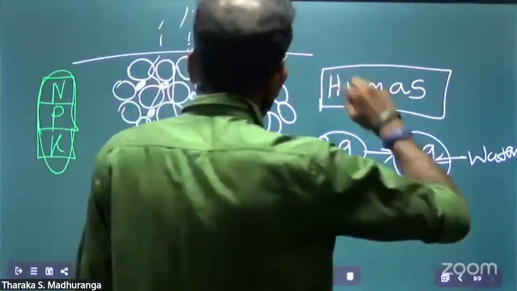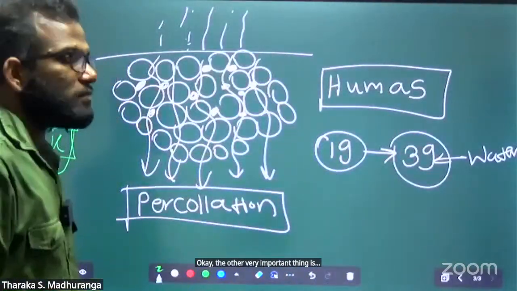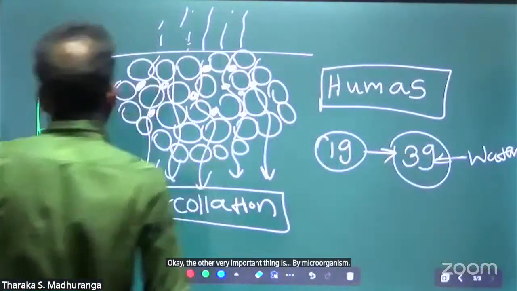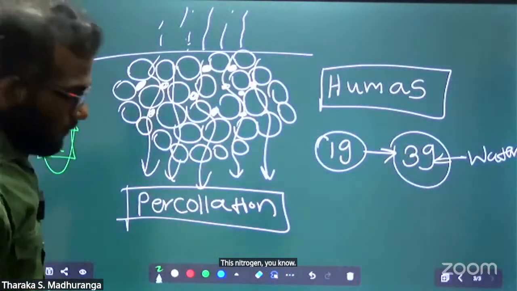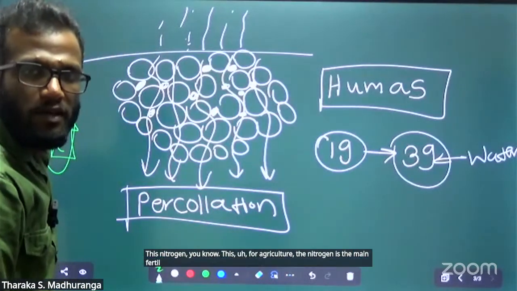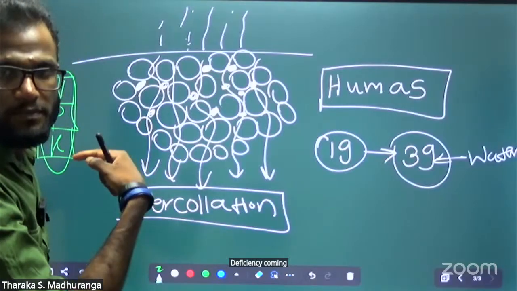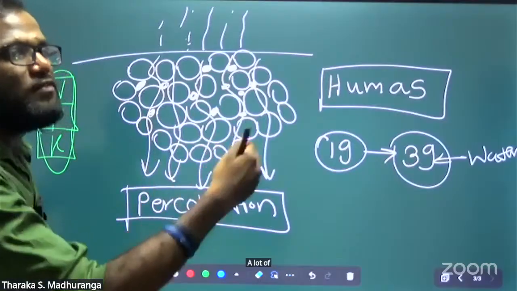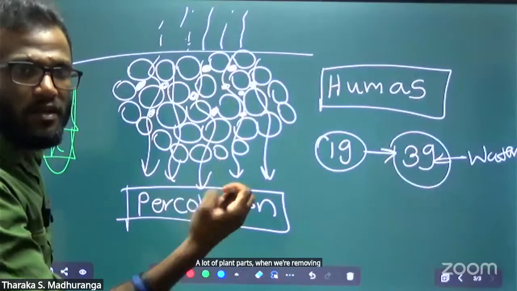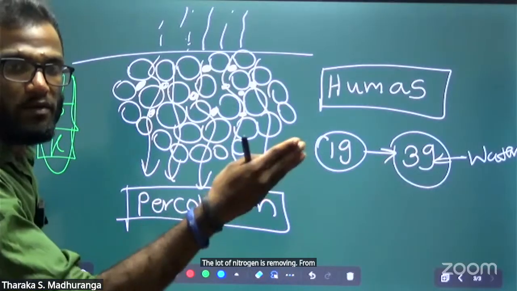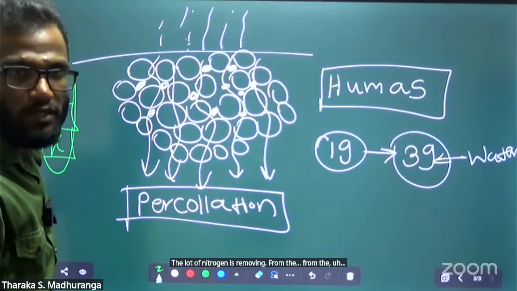The other very important thing is microorganisms and nitrogen. For agriculture, nitrogen is the main fertilizer, and deficiency comes in nitrogen. The reason is that when we remove a lot of plant parts as the yield, a lot of nitrogen is removed from the vegetative field.